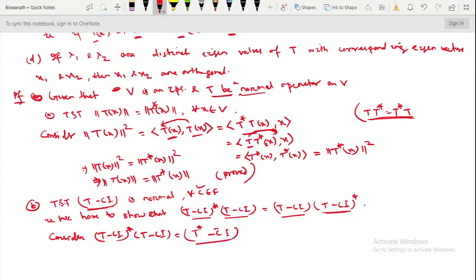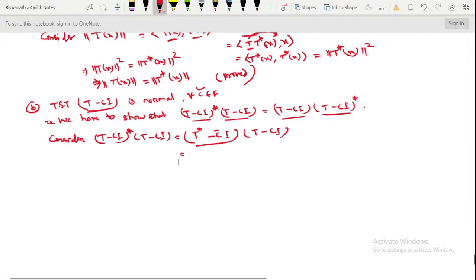Then the product, like the distributive property, I will multiply on T minus cI.